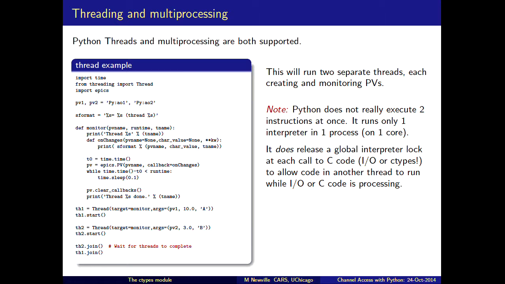So that does a good job of allowing two threads to run apparently simultaneously while your I/O, which from this point of view, channel access is all I/O, happens in the background C threads that are in the underlying code. So the C processing is happening, and you're getting these to run. And I think that's the best possible route to doing multiprocessing and threading.